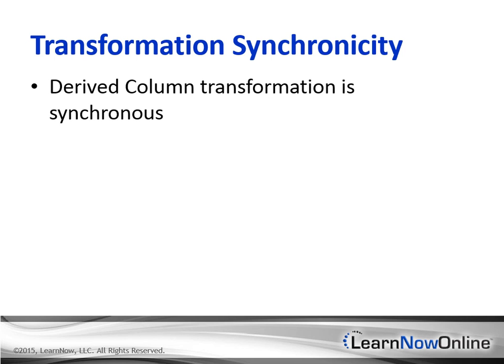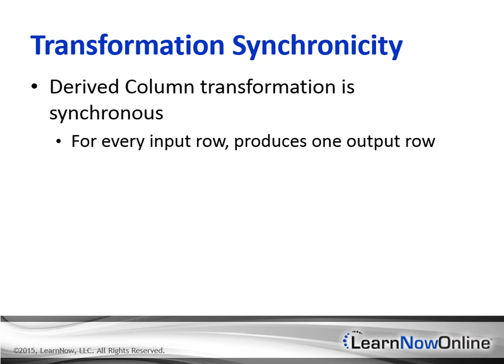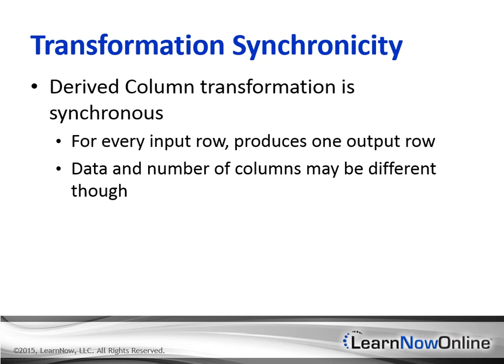The derived column transformation is a synchronous transformation. For every row that the component consumes, it produces exactly one row. Although the data in the row, and even the number of columns in the row, may be different in the input and output, the row count is the same, and the component produces rows as soon as it consumes them.